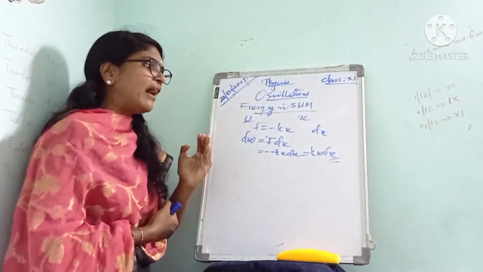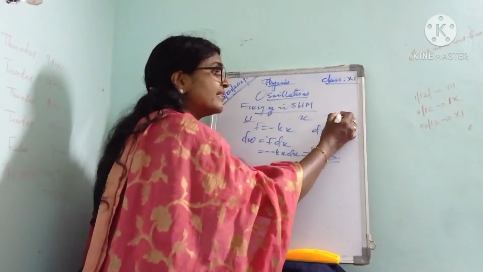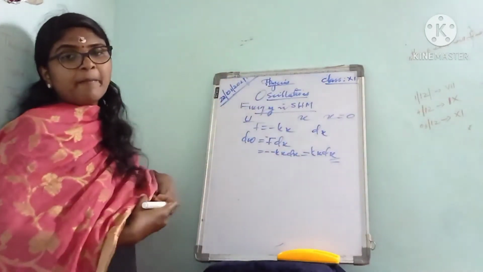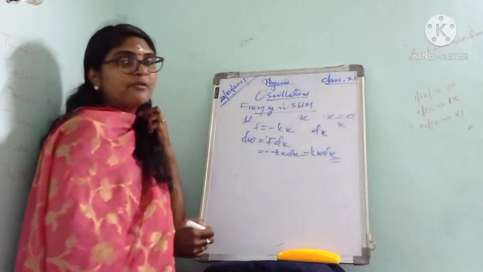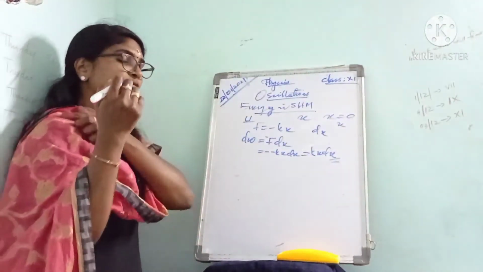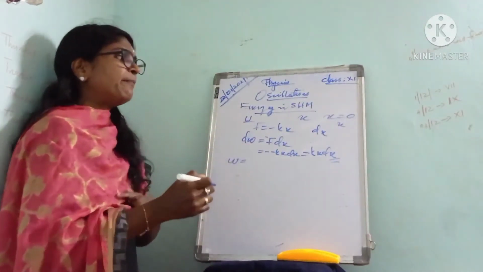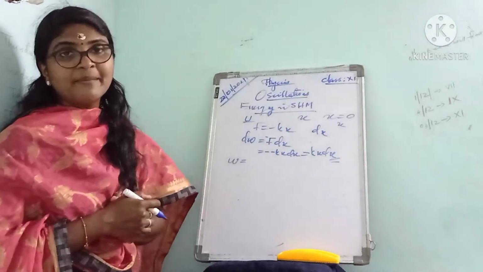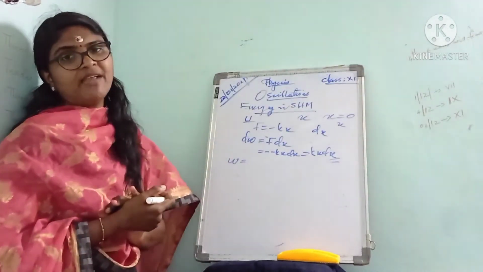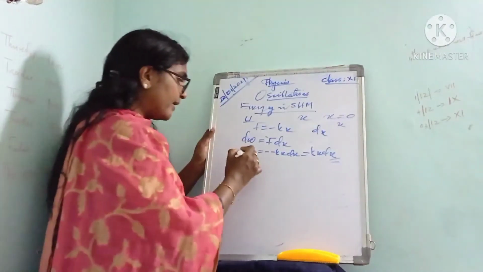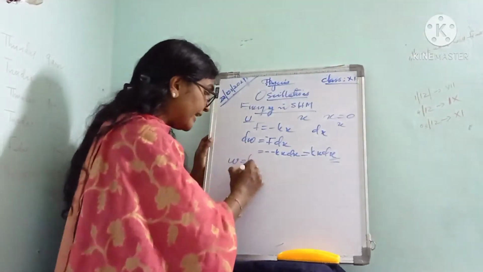Next we have to find the total work done to displace the particle from the mean position, that is x equal to 0, to the position x. For that we have to integrate. So the total work done, W, is equal to the integral of dW.